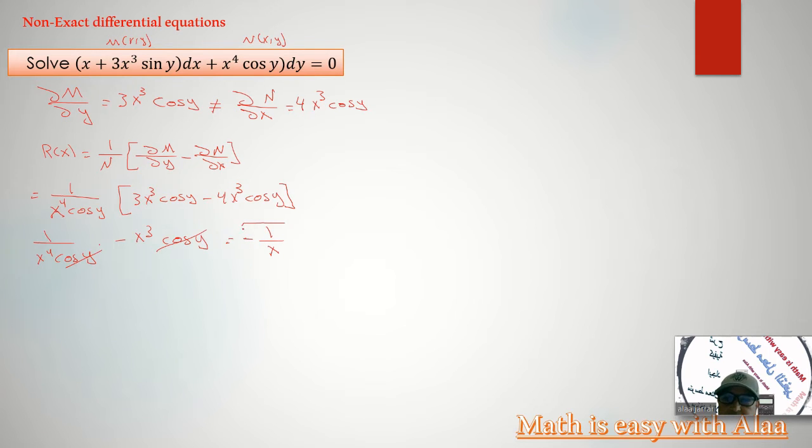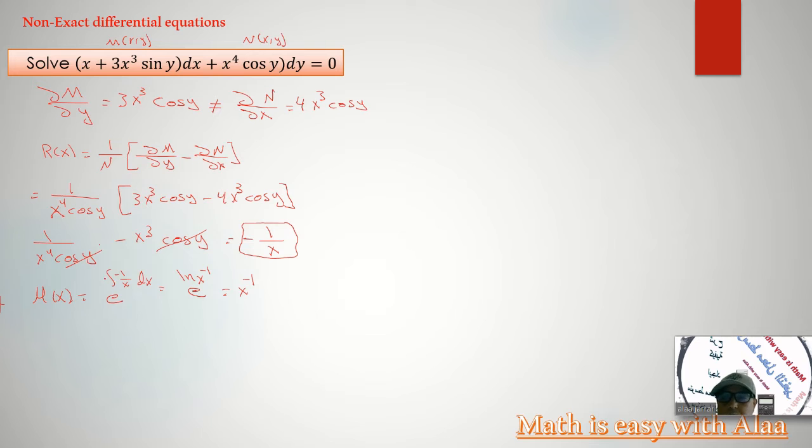So this is R(x). Now mu(x) equal e to the power of the integral of R(x), minus 1 over x dx, and it will be e to the power of ln x to the power negative 1, which means x to the power negative 1.